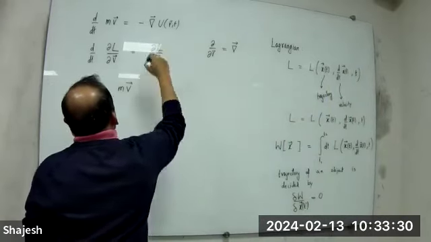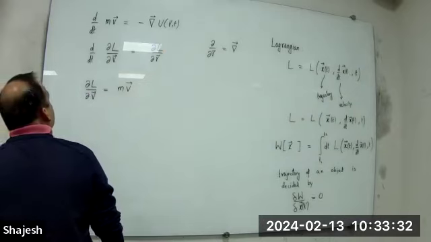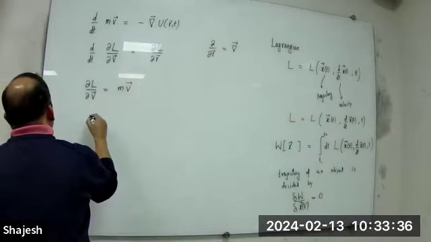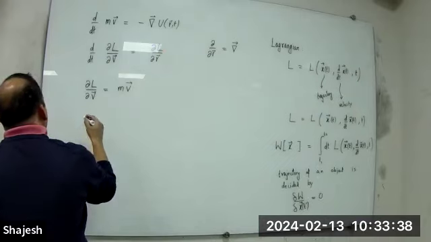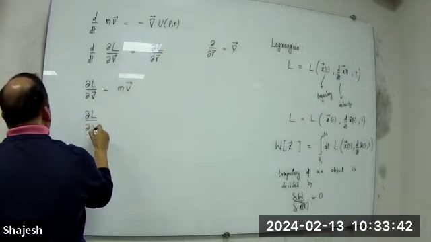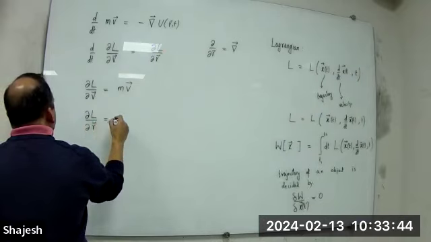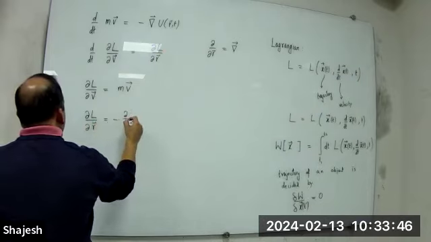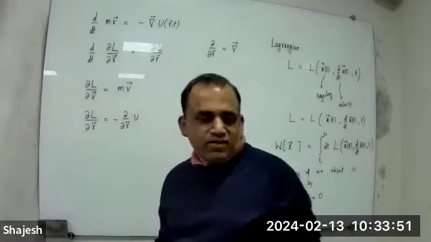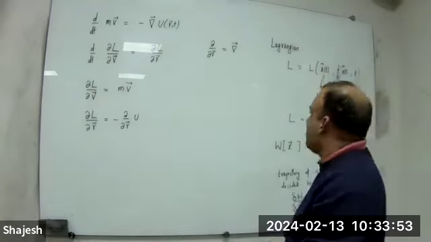So it seems like dL by dr is equal to minus d by dr of U. Okay, so those are some conditions we have on the Lagrangian.